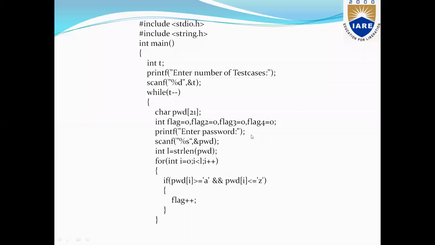We will see the program one more time. First we are taking the header file, standard input output, and then we're reading the number of test cases. While we give 5, it will decrease. We're taking a char password array of 21 characters, and initializing flag 1, flag 2, flag 3, flag 4 to 0.